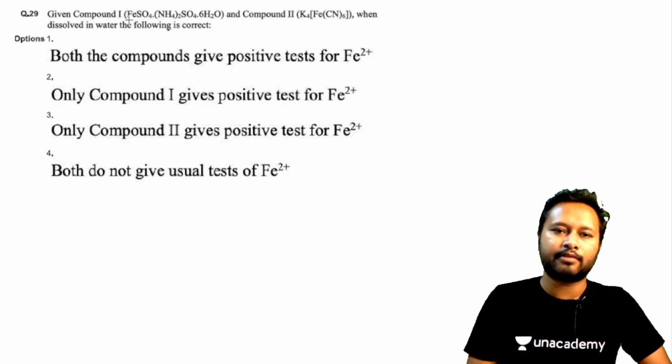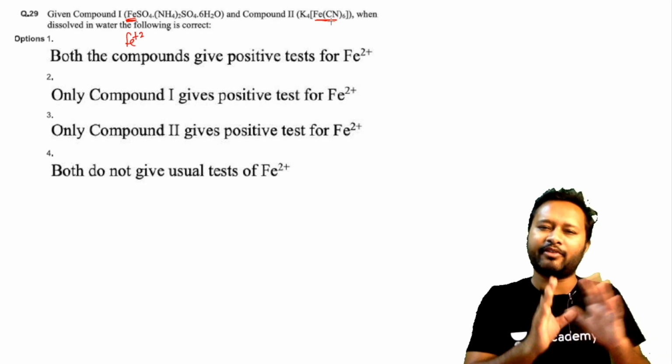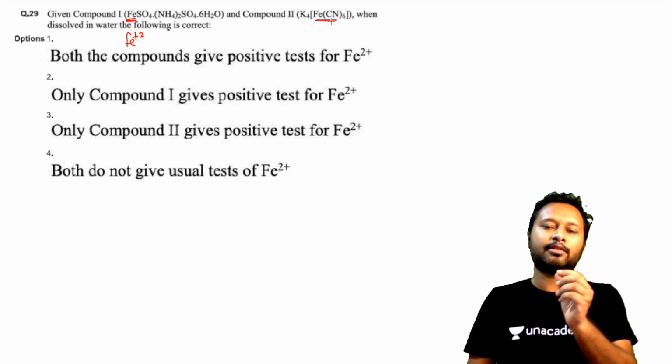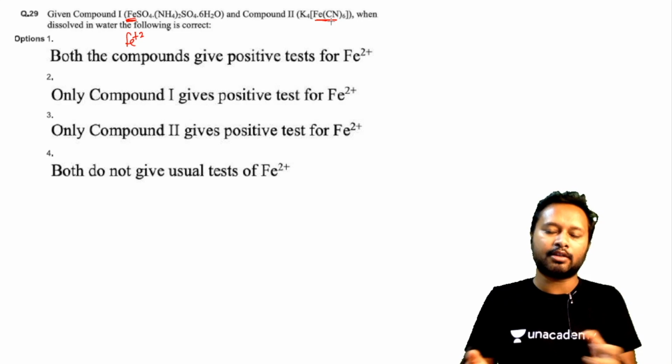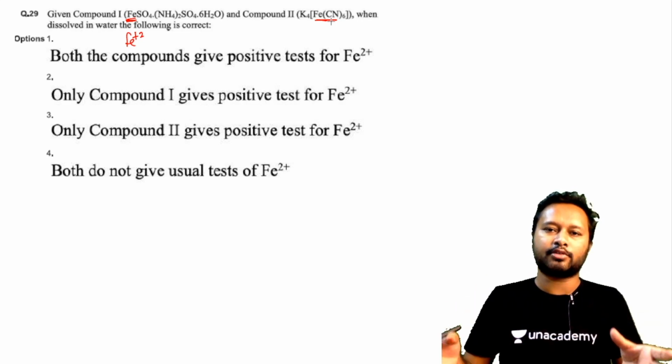See, the first one has iron in the ionic form, so it can dissociate and give you Fe2+. Whereas in the second one, the iron is in the coordination sphere. Now, if you have studied coordination chemistry, very basics, it says that coordination complexes are those which do not dissociate in the solvent. So if you put it in the solvent, it does not dissociate easily.